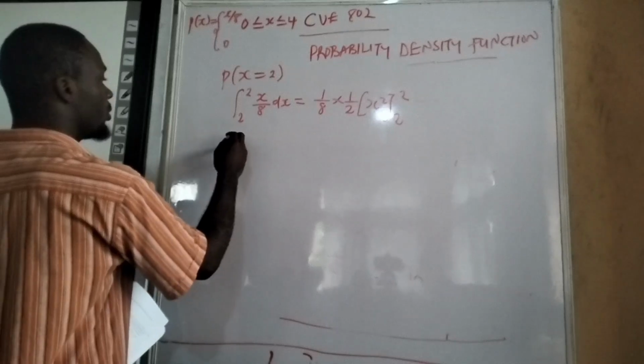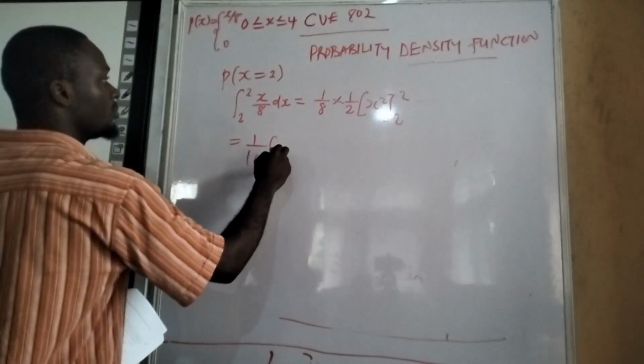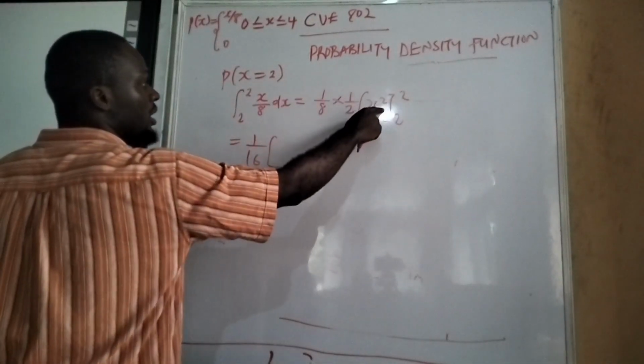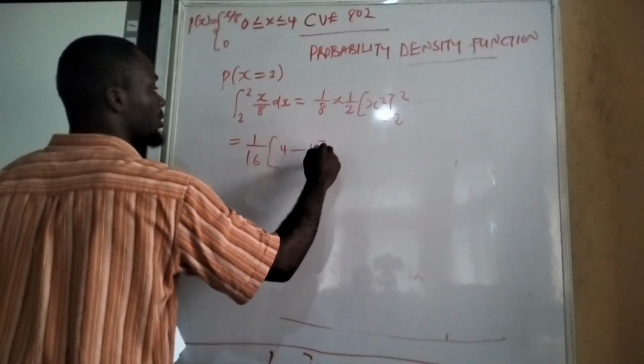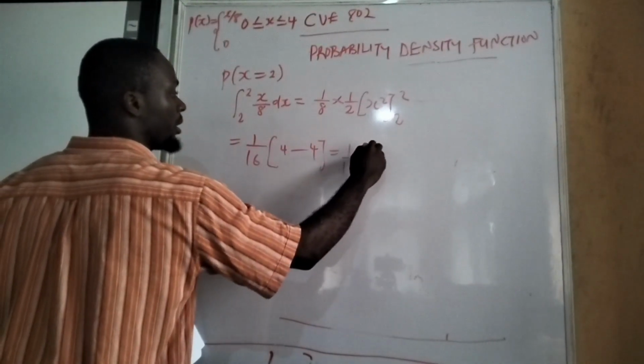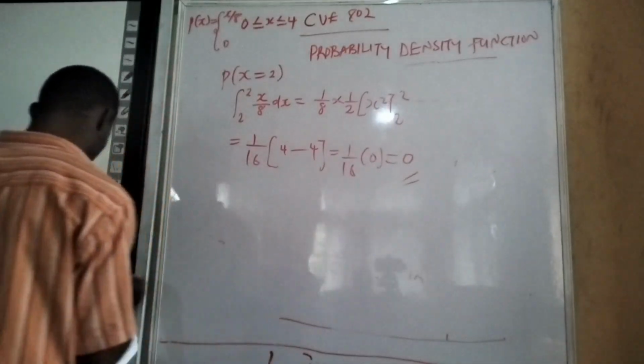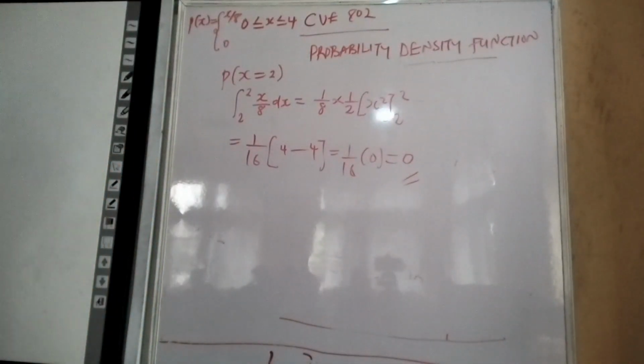This will give you 1 over 16. You put 2 here, you get 2 squared, which is 4. So this is 1 over 16 by the 0. How can we represent it?